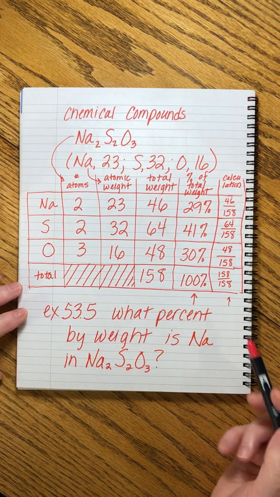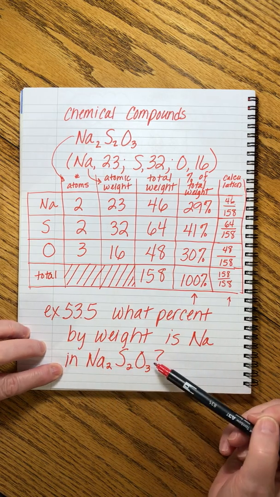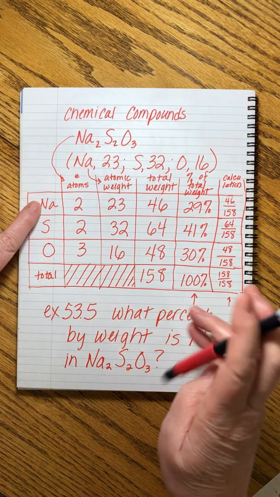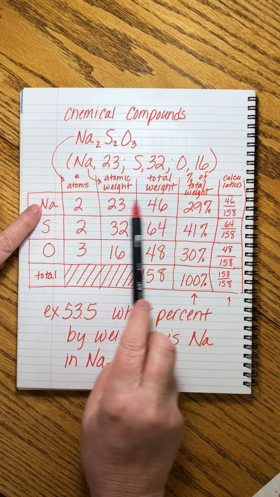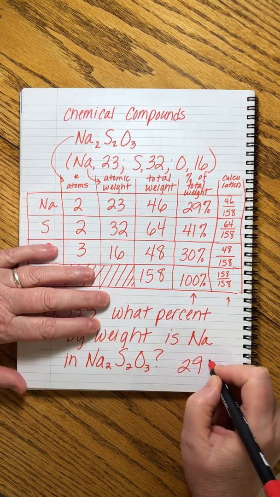Okay, this is how John asked the question. What percent by weight is the sodium in this compound? So we've already calculated it. There's the sodium. There's the percentage of the total weight. So we would say 29%.